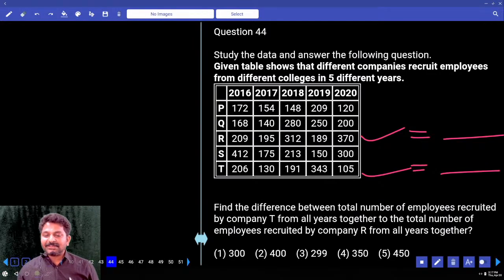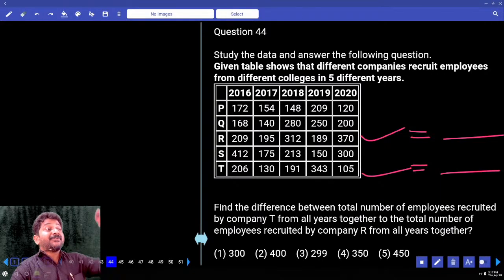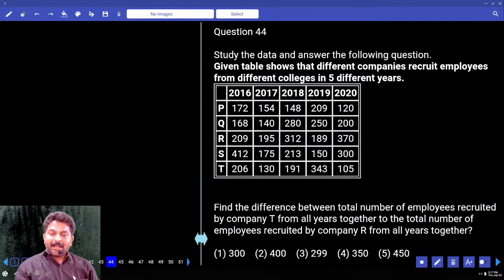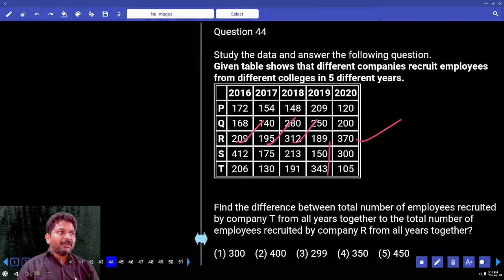So what I will do is observe which values are more, R values or T values. R is more, R is more, R is more, R is less here, but again R is more. So overall which will be more? I want to go with individual differences now. 209 minus 206.